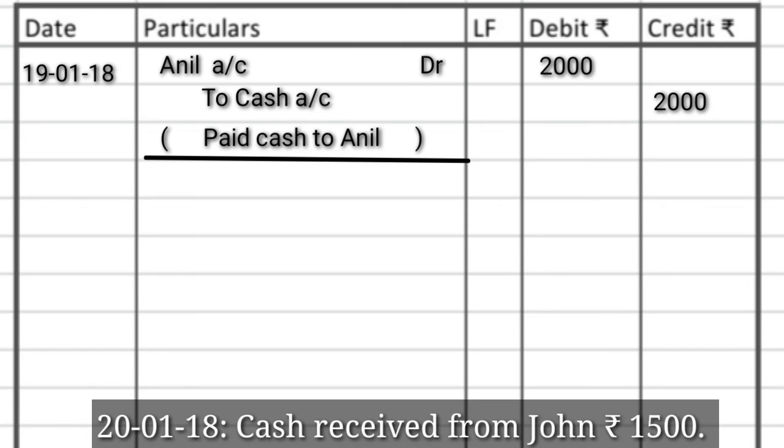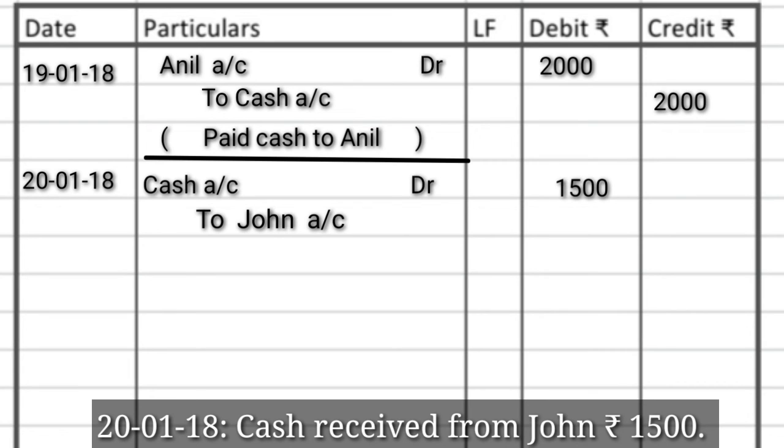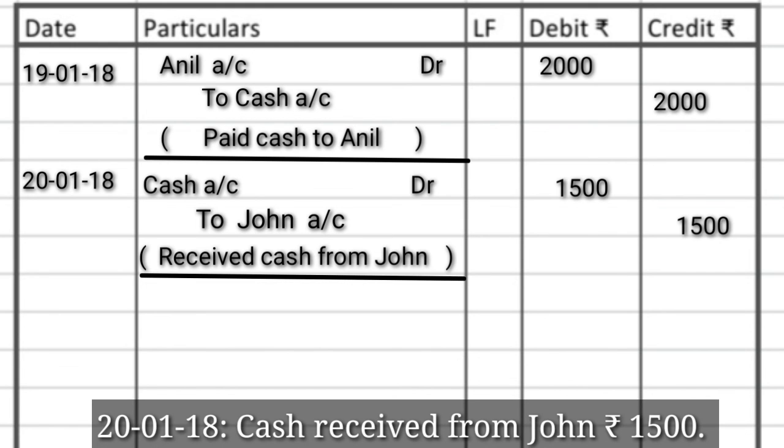Date column 20th January 2018. Cash account debtor in debit column 1500 to John account credit amount column 1500, and the narration is received cash from John. Okay. Next we can try another transaction.